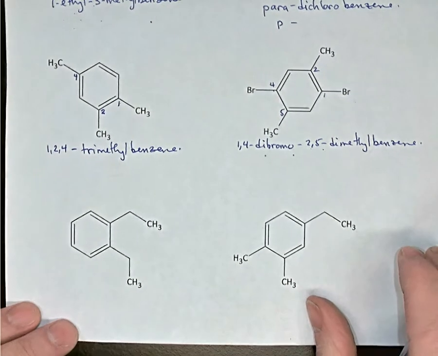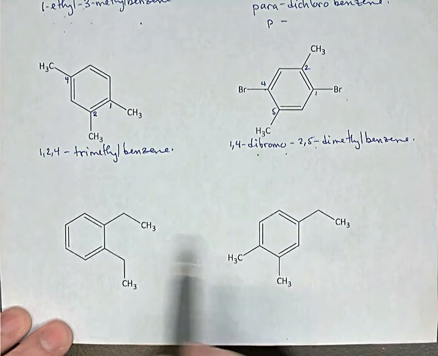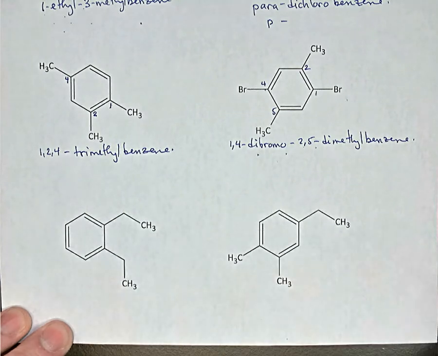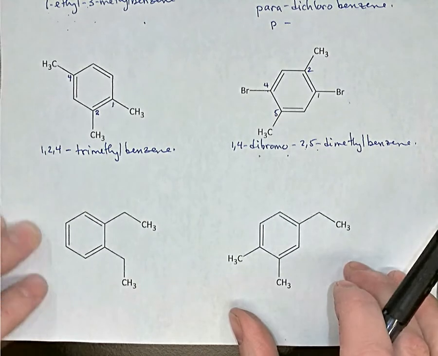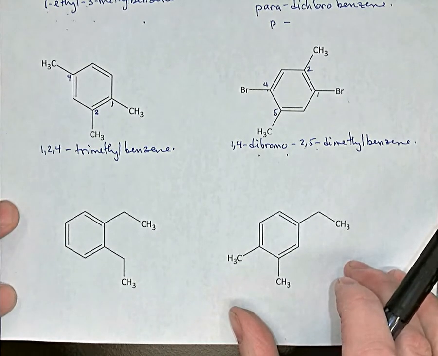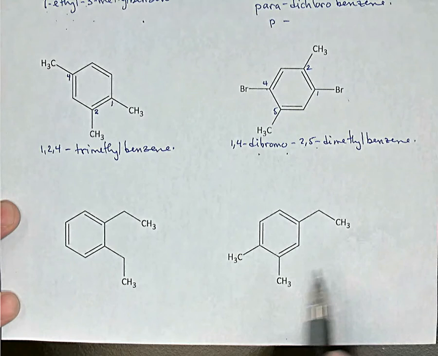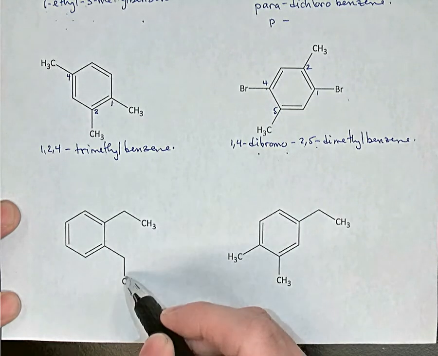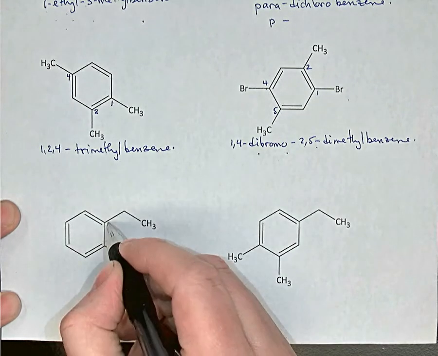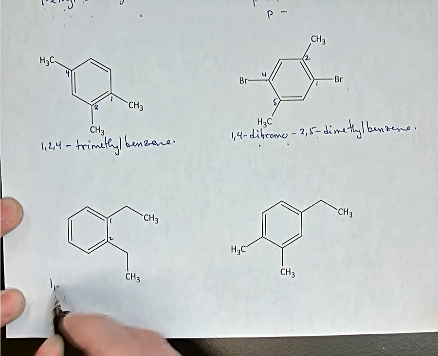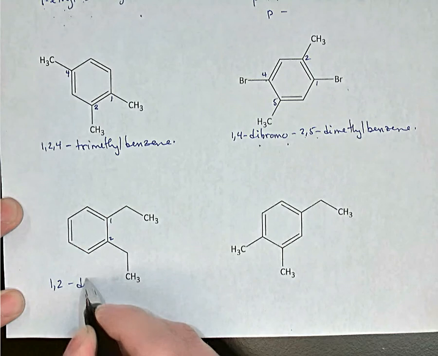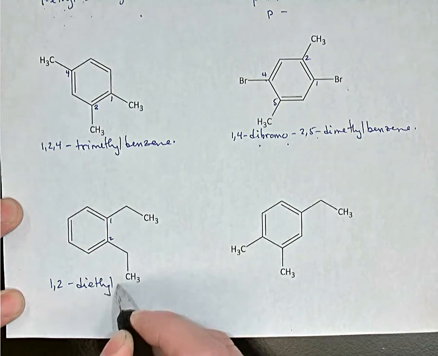So this next one, these are both benzene molecules, derivatives of benzene. So these are, again, aromatic molecules. This one has 2 branches, so we can use that ortho, meta, and para system if we like. In this case, the 2 branches are both ethyl branches, and they're on carbons 1 and 2. So the more proper way to do this would be call it 1,2-diethylbenzene.